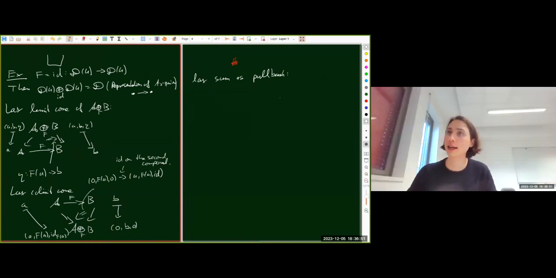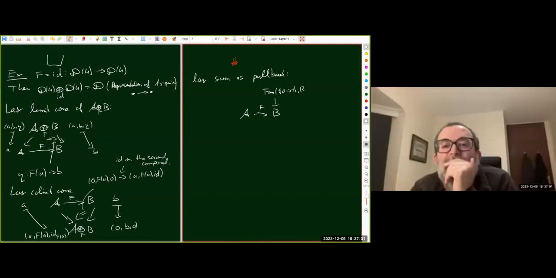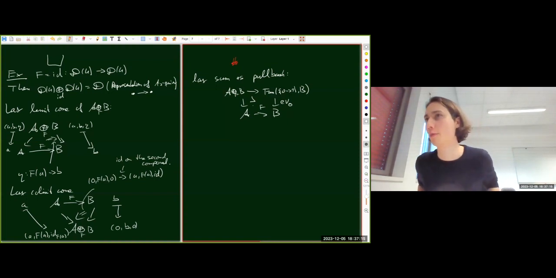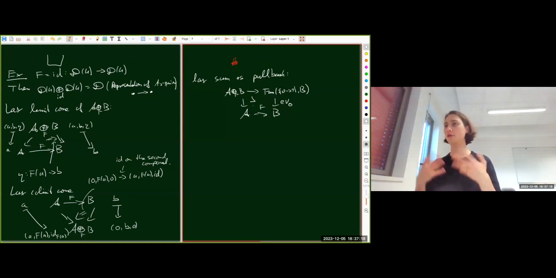So you take A, this goes to B via F, and then here you take functors from 0 to 1 to B, and this would be the evaluation at 0. If you take the pullback, this is your Lax sum. And this is not a two categorical pullback, but an infinity one categorical pullback. So that's another way to maybe concretely define the Lax sum. Thank you very much. Thank you for the question.